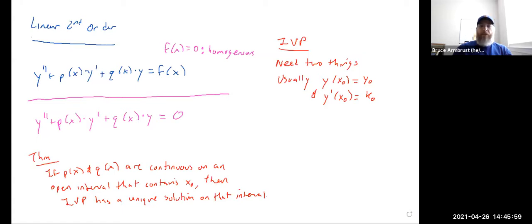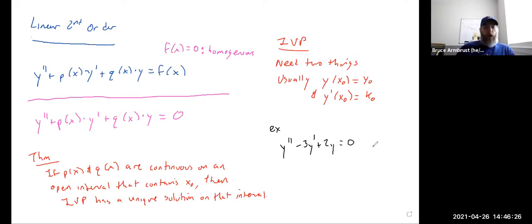Suppose we have one of these with just constant coefficients, with constant functions. So like the P and the Q, those things are constant. So how about this guy, for example? Let's say we were looking at y double prime minus 3y prime plus 2y equals 0.